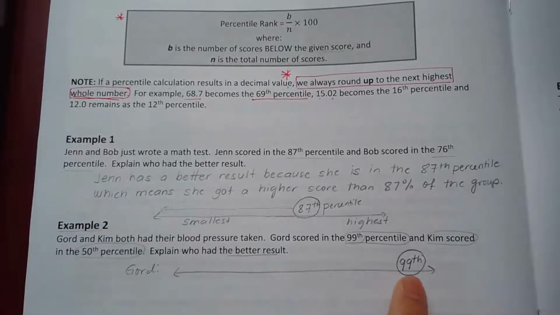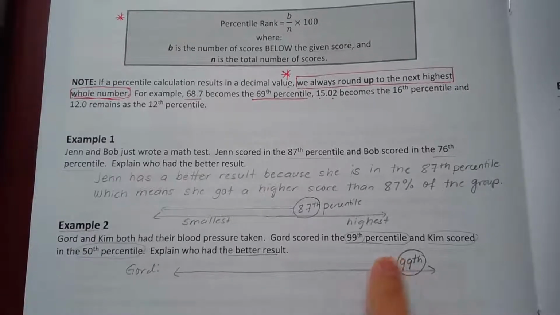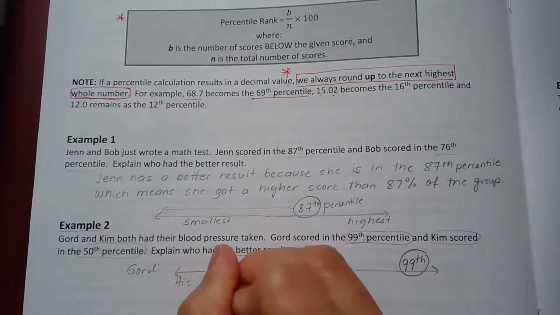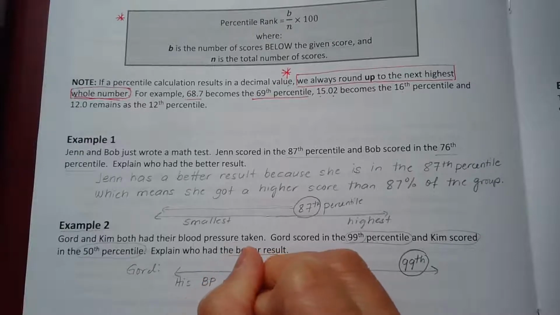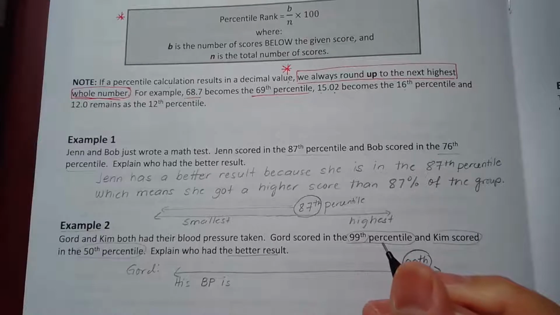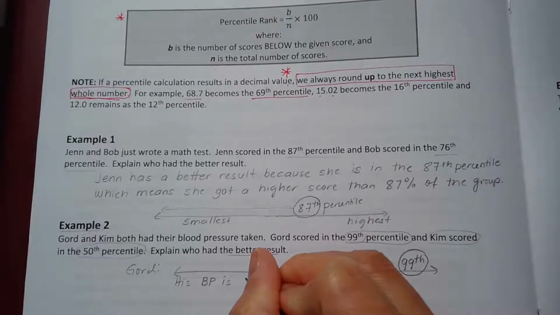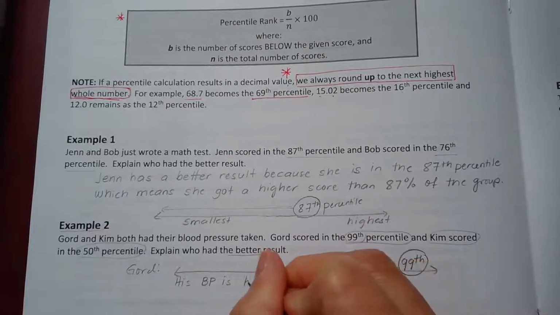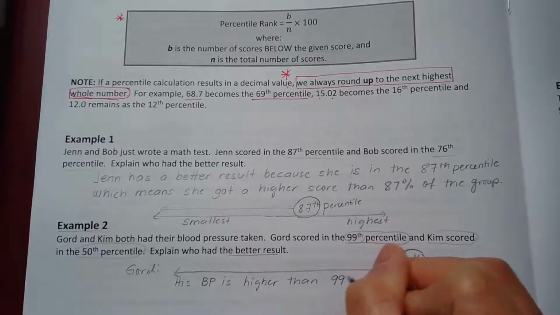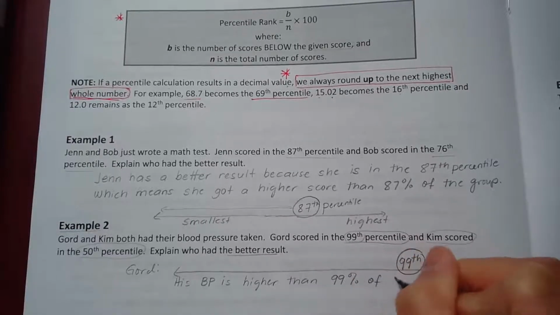So that means his blood pressure, BP, is higher than 99% of the rest of the group.